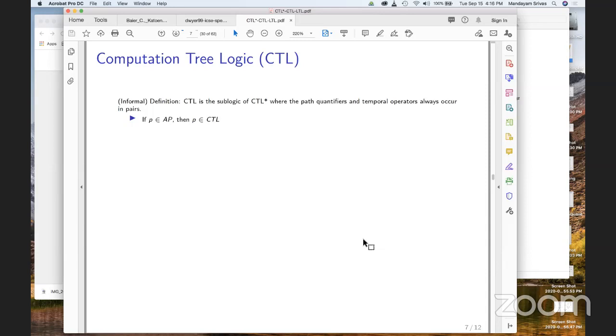So formally, this is how CTL is defined, and my informal statement will be clear as soon as you see this.